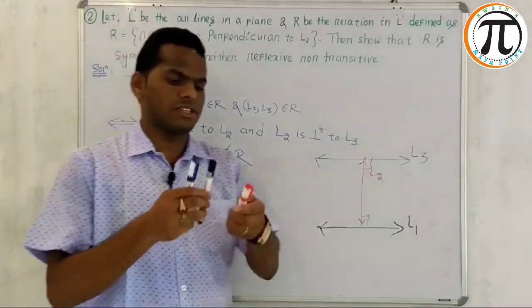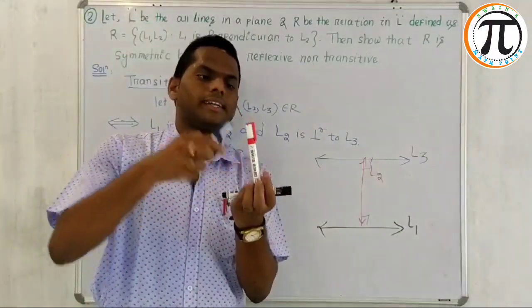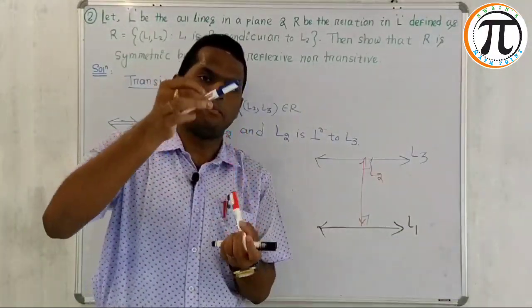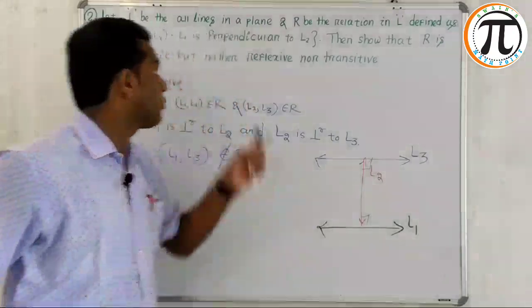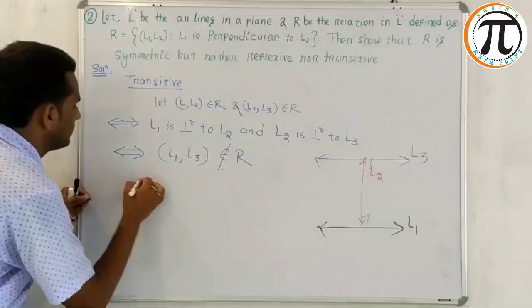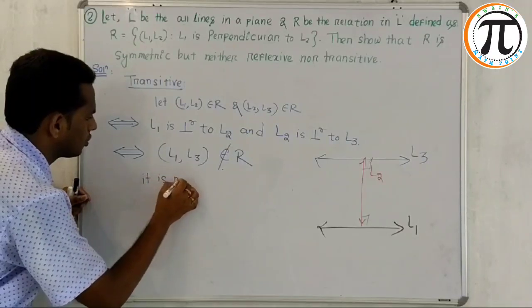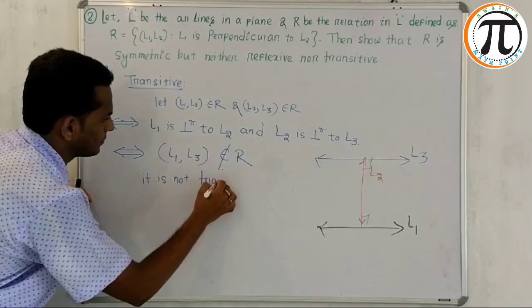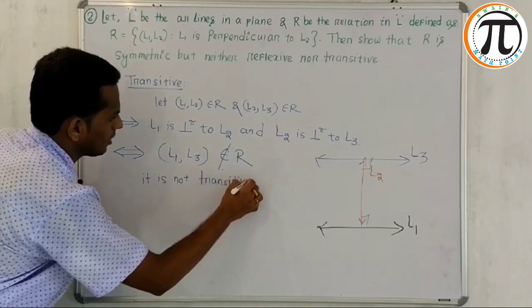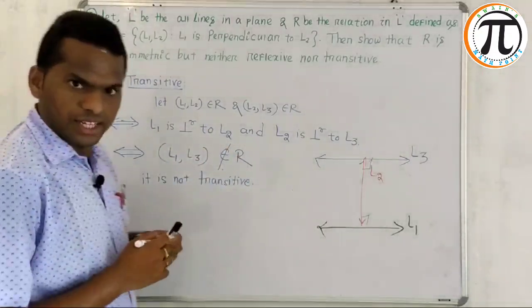Look, this is the meaning. Black, red, blue. Black and blue are parallel with each other, not perpendicular. That's why it is not transitive. Clear?